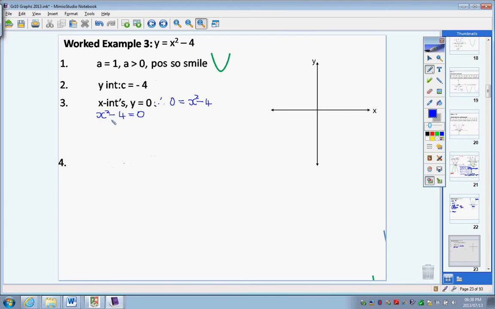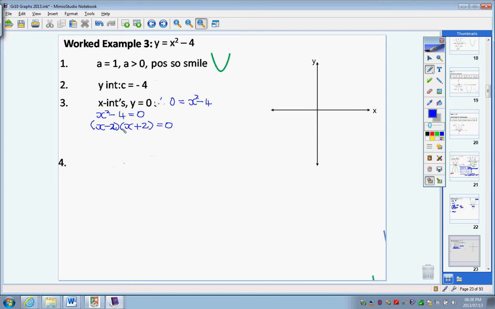And now we spent ages this year doing factorizing. So remember, with a quadratic equation which has an x squared, we have to have something multiplied by something else give us 0, because that way we will know one of the two factors is 0. So this is what kind of factorizing that you've done lots of? Difference between two squares. And so that will be x minus 2, x plus 2 is equal to 0.